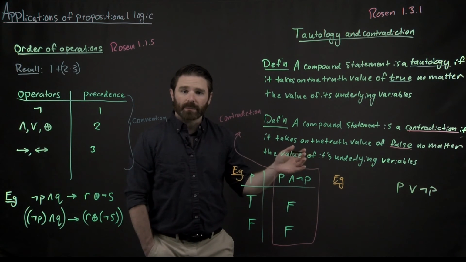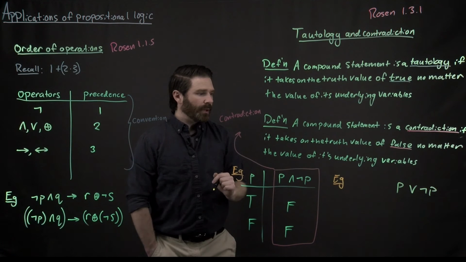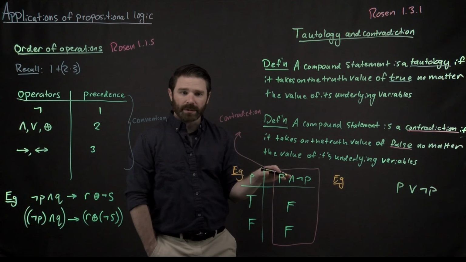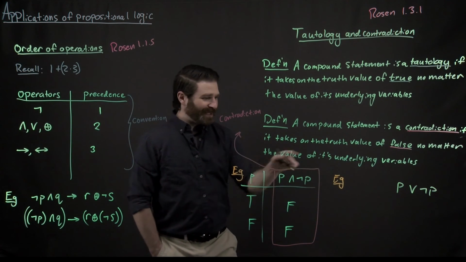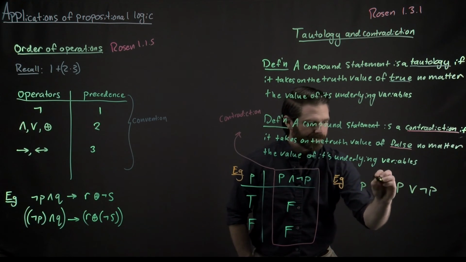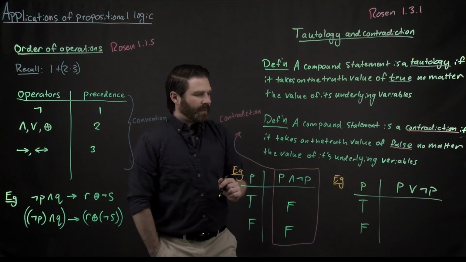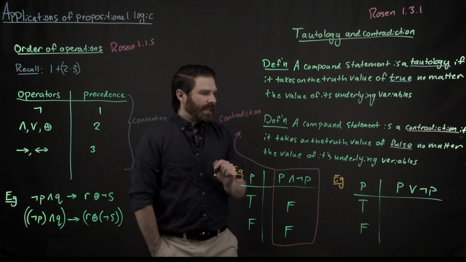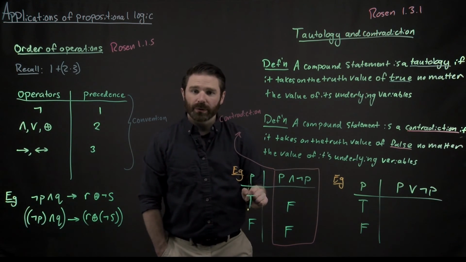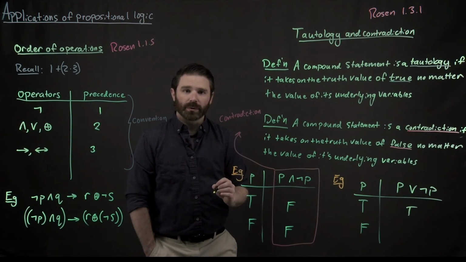So here, I need to consider the statement P or not P. It's very closely related. All I've done is flip the and to an or right here. Once again, this compound proposition has only a single underlying variable, so its truth table is going to be simple. Since I'm running out of space, that's why I picked such a small example right here. So again, writing out its truth table, we write down all of the possible values of its underlying variables, and let's go ahead and figure this out. This or right here only needs one side or the other to be true, so we already know that this first row here is going to be a true.